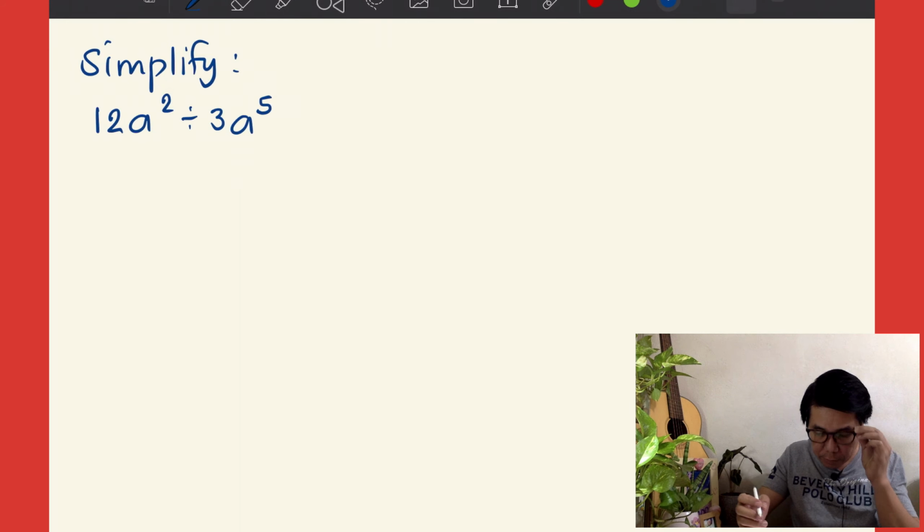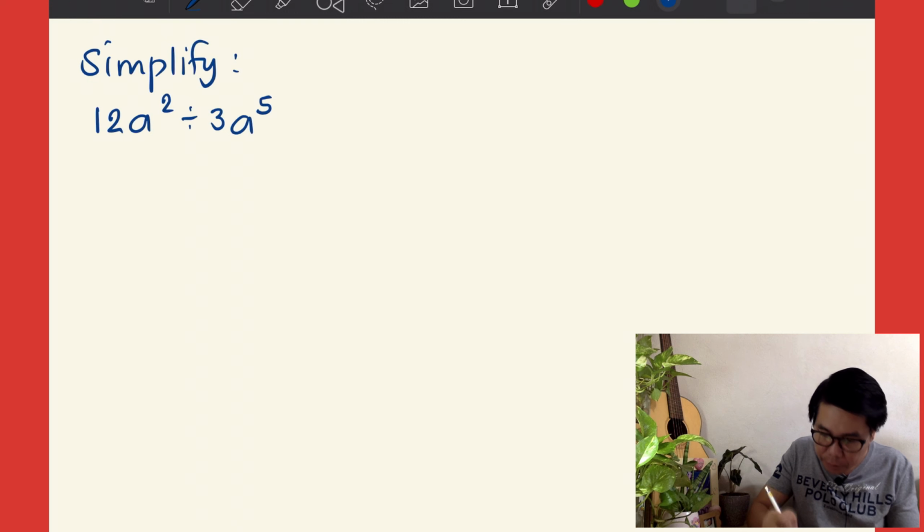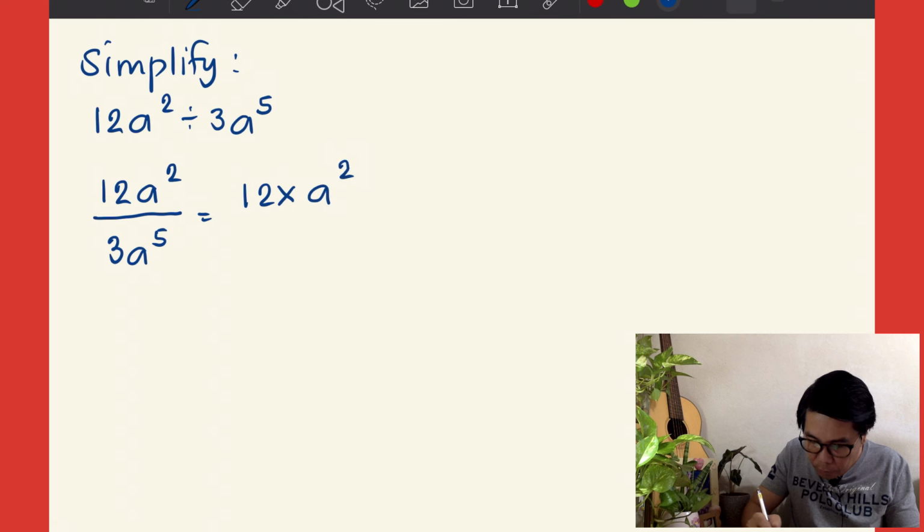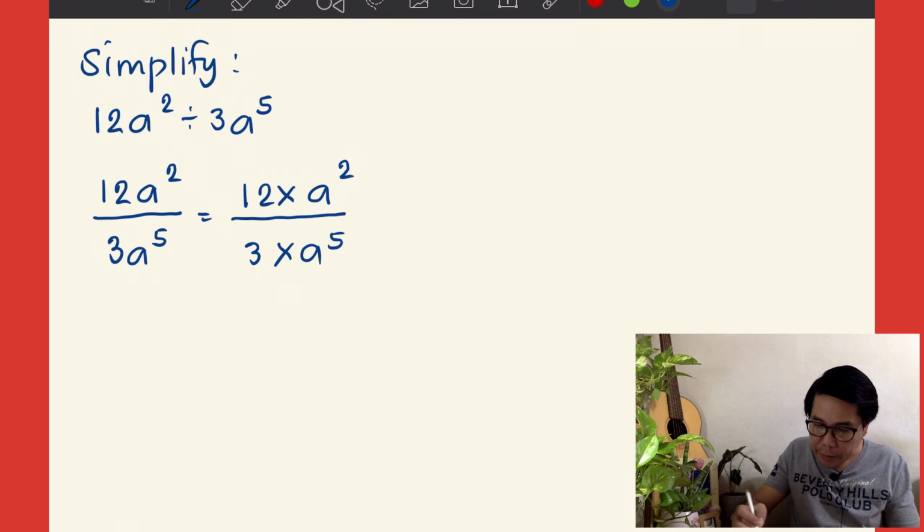Let's say we have 12a^2 over 3a^5, which is equal to 12 times a^2 over 3 times a^5. Then we have to treat them separately.